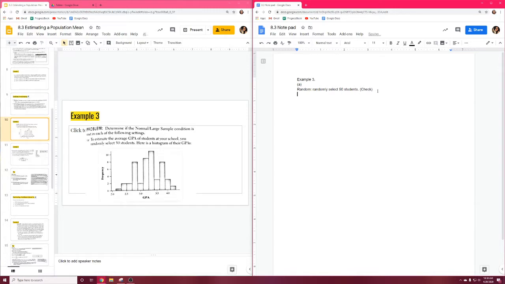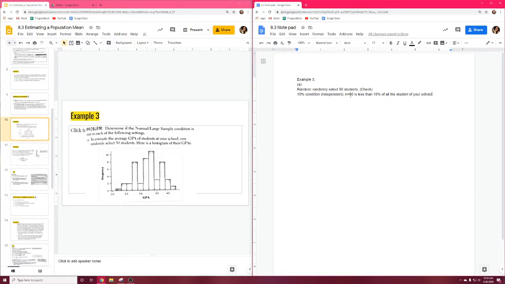And second, you want to do the 10% condition to verify independence. 10% condition: n equals 50 is less than 10% of the population. What is the population here? It is all the students of your school.